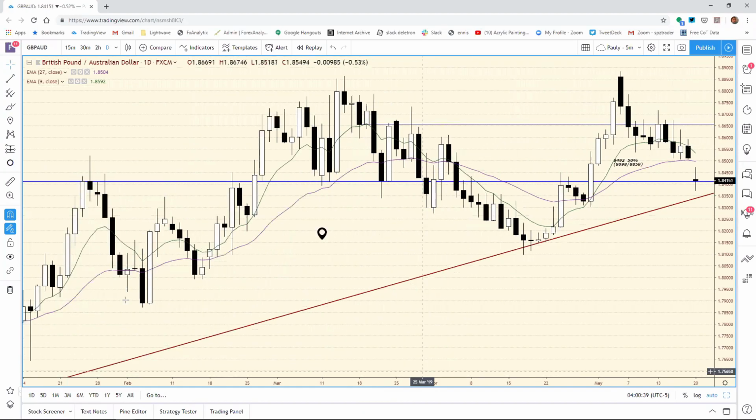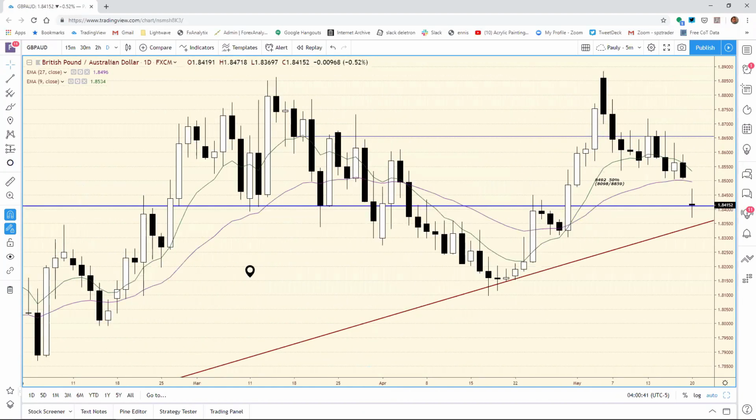Of course, we had this gap. And this is support coming in right there. It dipped just a little bit more. Let's take a look at our 2-hour.